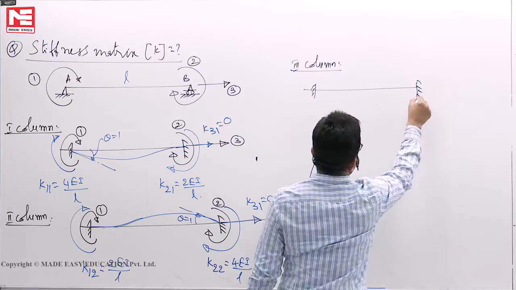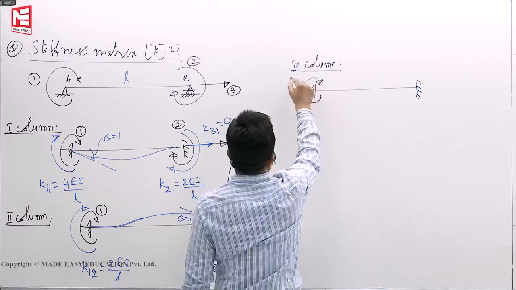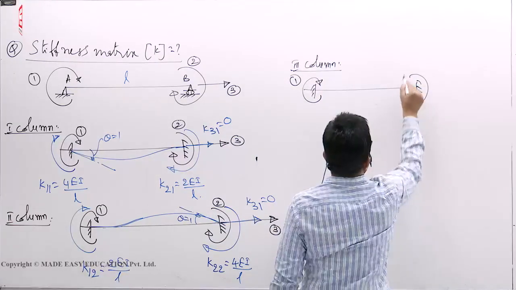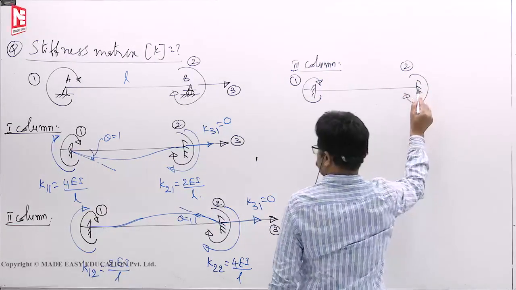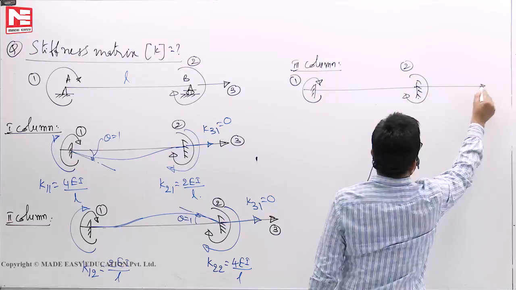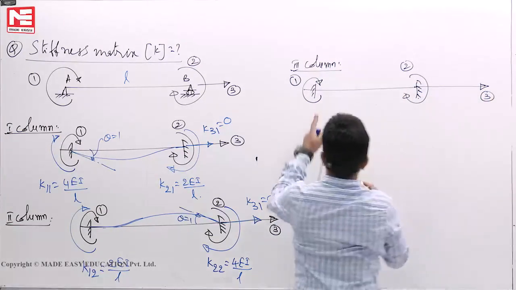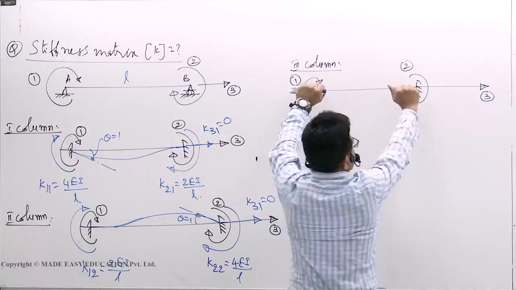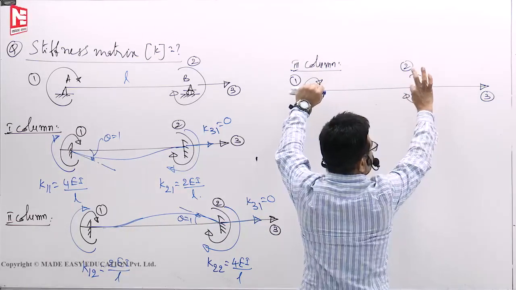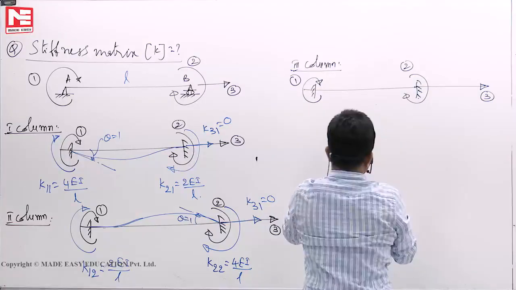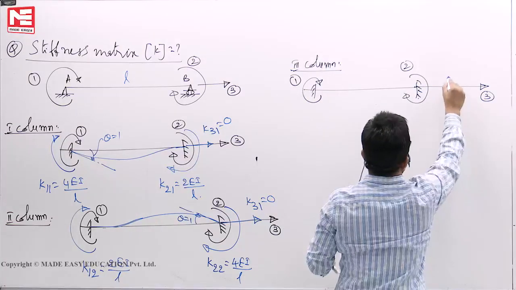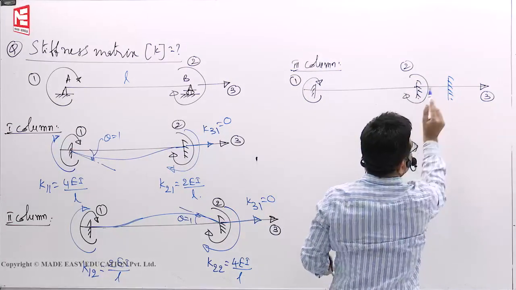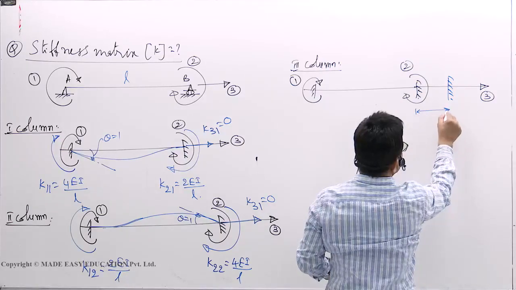Next, third column. Fix, symbolic representation, coordinate 1, coordinate 2, coordinate 3. So without rotating these two members, you fix here only and hold it, pull it by 1 like this, because it is the symbolic representation of fixing the coordinates.